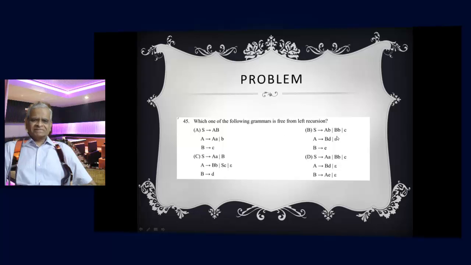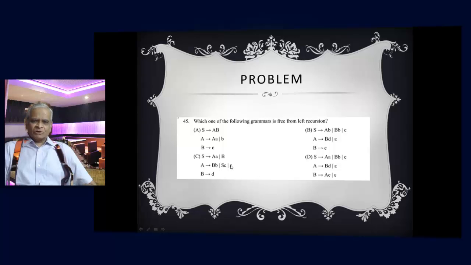There are 4 choices. Choice A, choice B, choice C, choice D. These are grammars. In these grammars, capital letters are non-terminal symbols and small letters are terminal symbols by convention. Epsilon is a special case of the empty string.